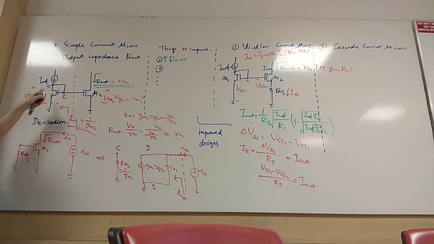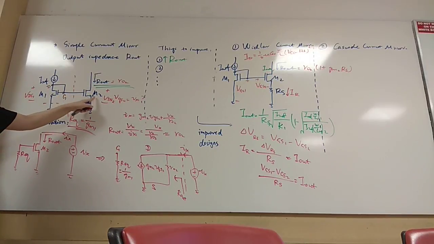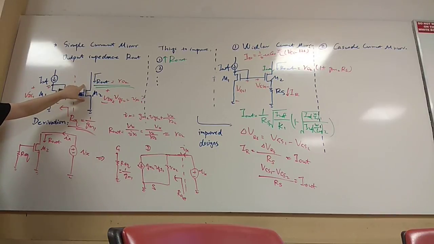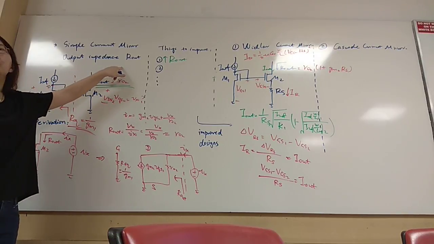This VDS1, because of this piece of wire, will always equal VGS1 because the D is connecting to G. Okay? But for this transistor, it's VDS2. It's a floating value. Because although your S is connecting to the ground, this D is connecting to the external circuit. So it will depend on the external circuit.